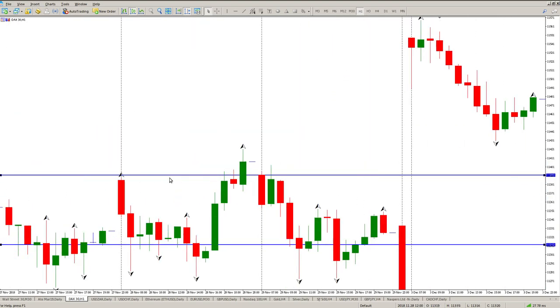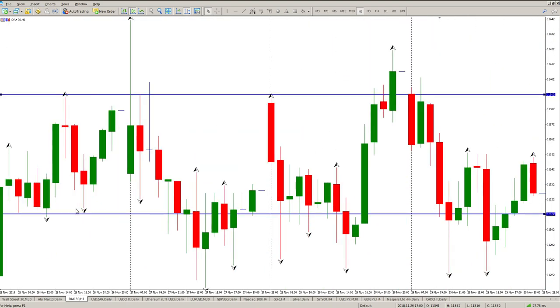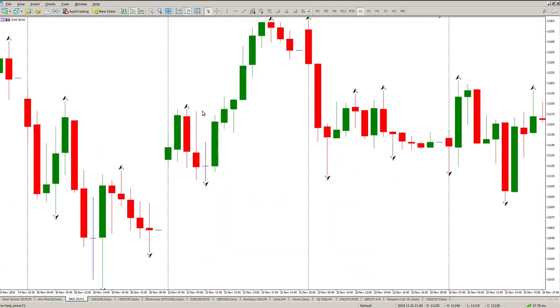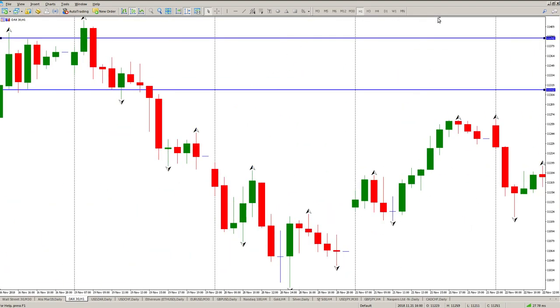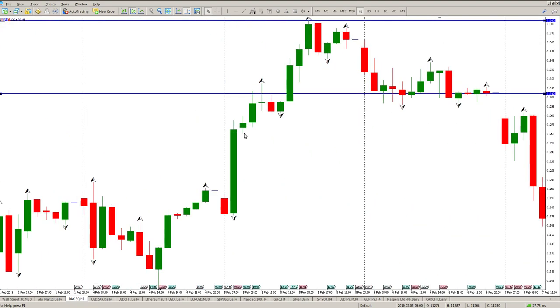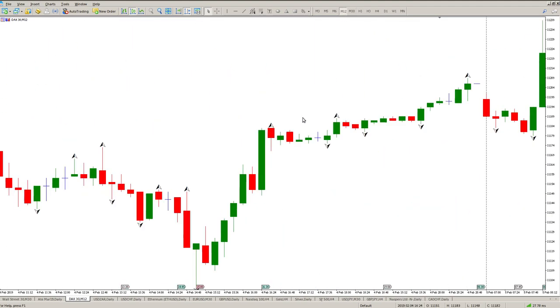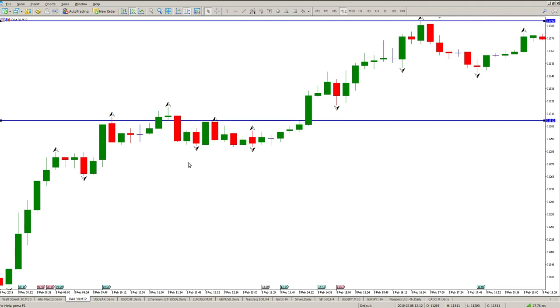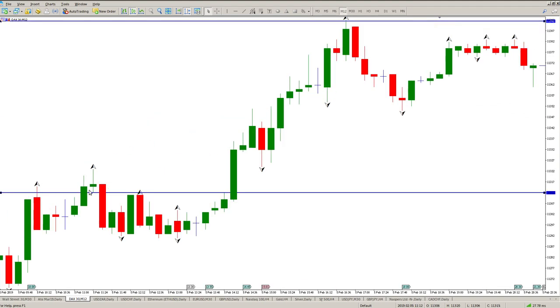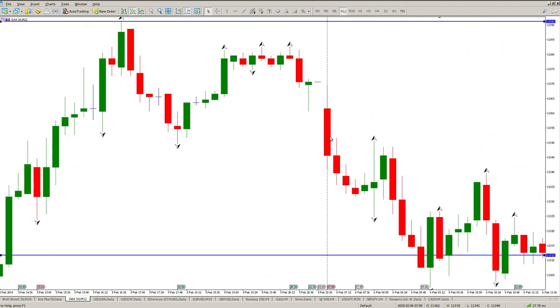You can see now we're starting to see a lot more interaction with those levels. And you'll notice that there's a lot of fractals on those trend lines. So let's just get back to where we were and go down to a 12-minute chart. And now you'll see their interaction with the fractals at those levels.